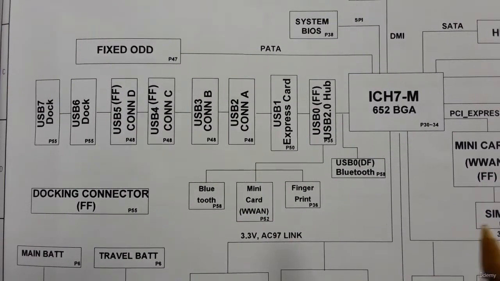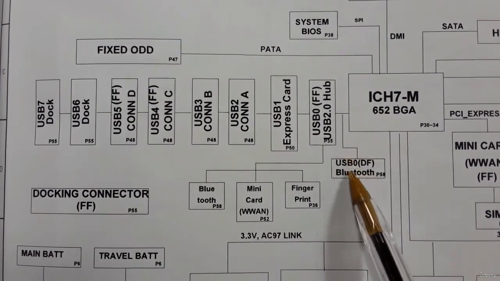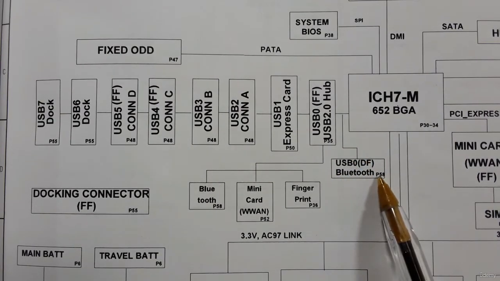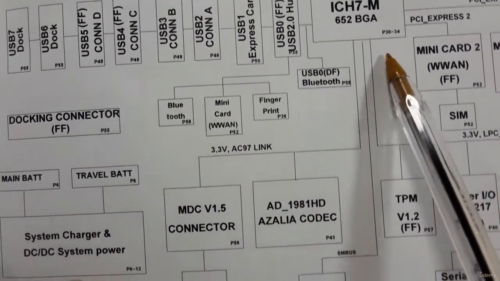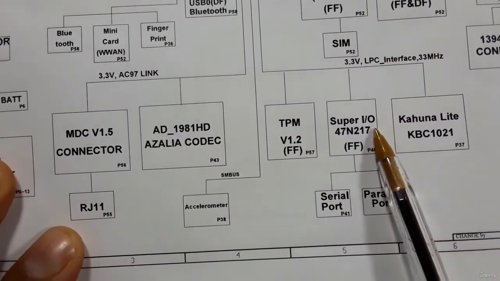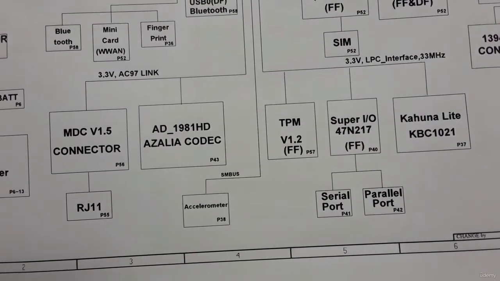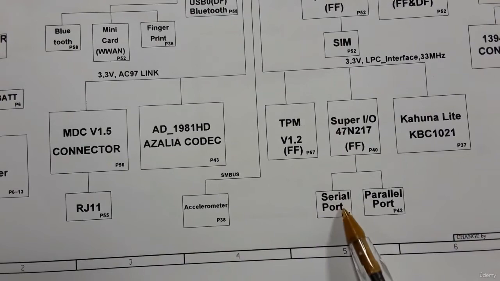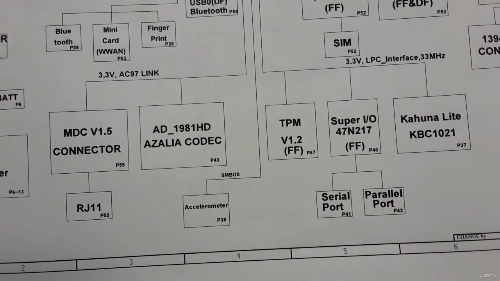Also the ICH is connected to the Bluetooth. The ICH also is connected to the CPU input output, to the keyboard controller, and then this is connected to the serial port and parallel port.